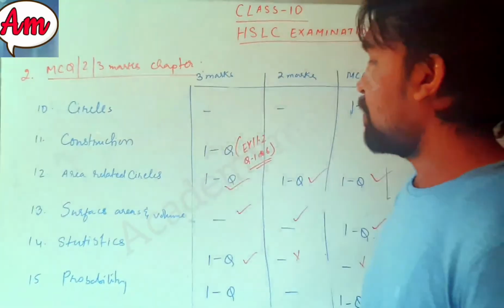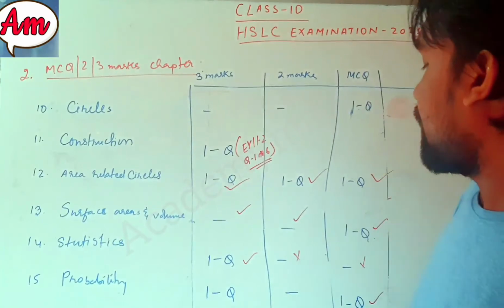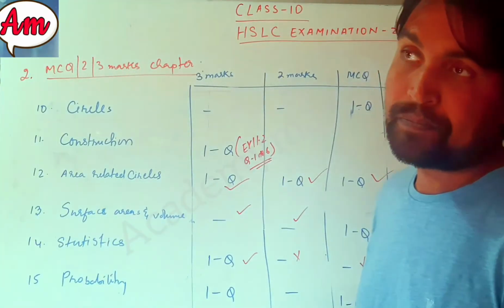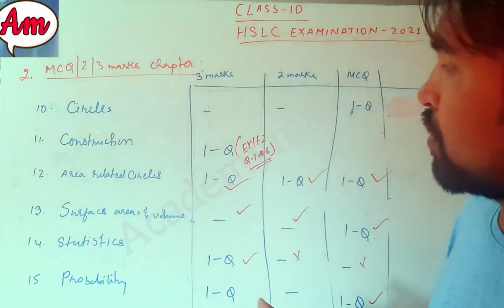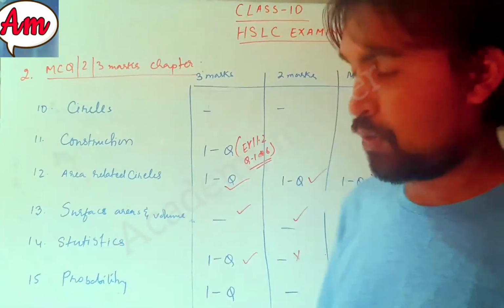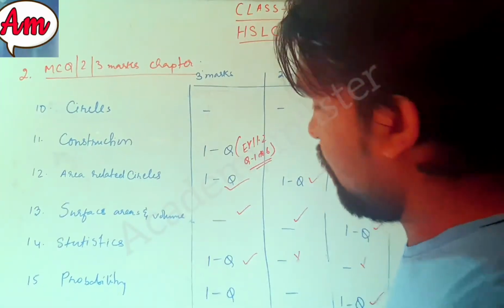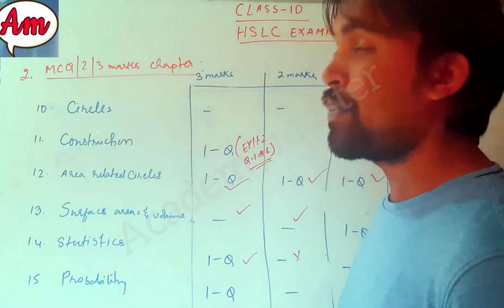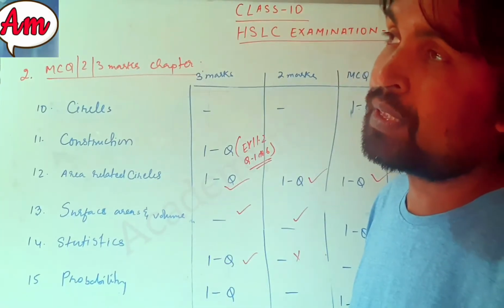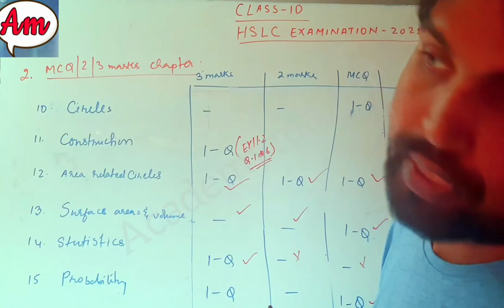So overall, dear students, in your board exam you will have 10 questions of 3 marks with choices. Only 3 or 4 chapters will be where questions come in the 3 mark section. So 3 marks, 10 questions, total marks from the 3 mark section is 30.